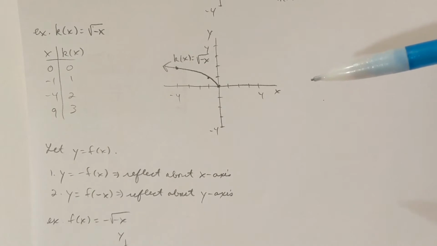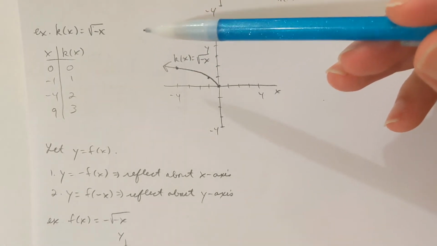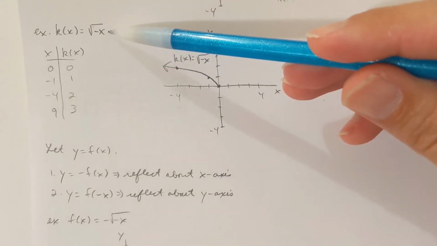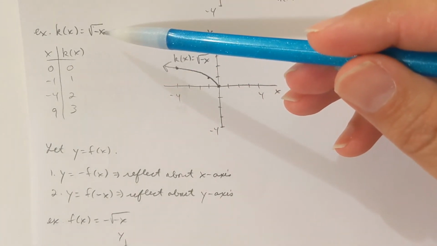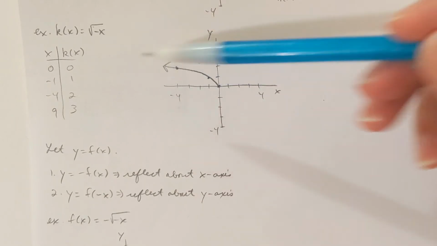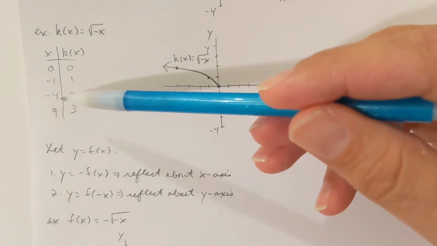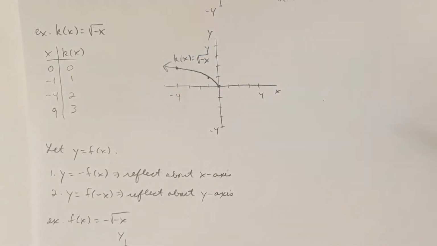x-axis. K of x equals the square root of negative x has domain all non-positive numbers. 0 is okay. If x is 0, the square root of 0 is 0. If x is negative 1, the square root of the quantity negative negative 1 is 1. If x is negative 4, negative of negative 4 means I get 4, and the square root of 4 is 2.